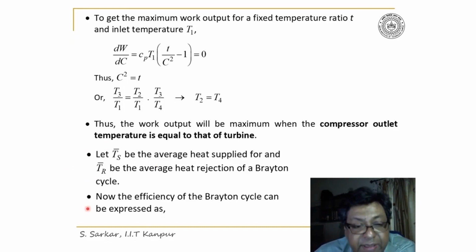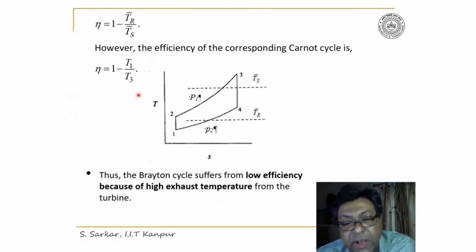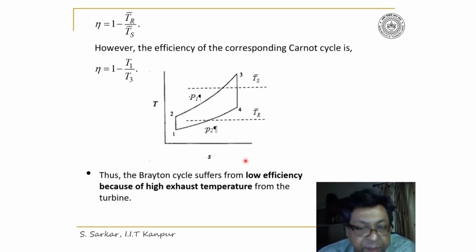Thus, the cycle efficiency can be expressed in terms of T bar S by T bar R. I will explain what I have expressed earlier. I have illustrated that with respect to the figure, that is the TS diagram.